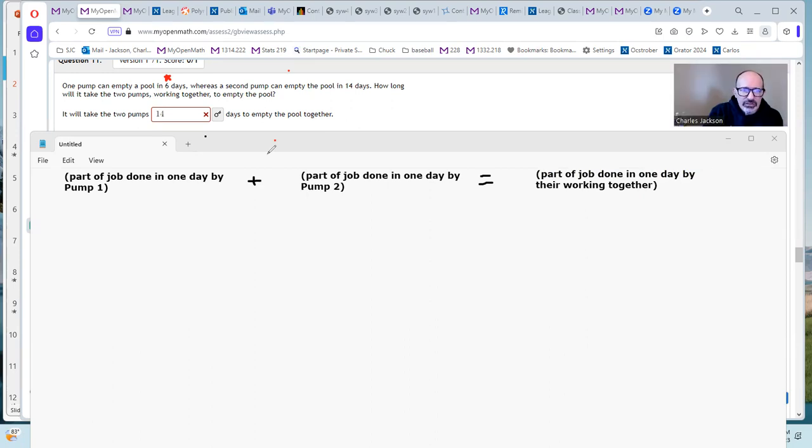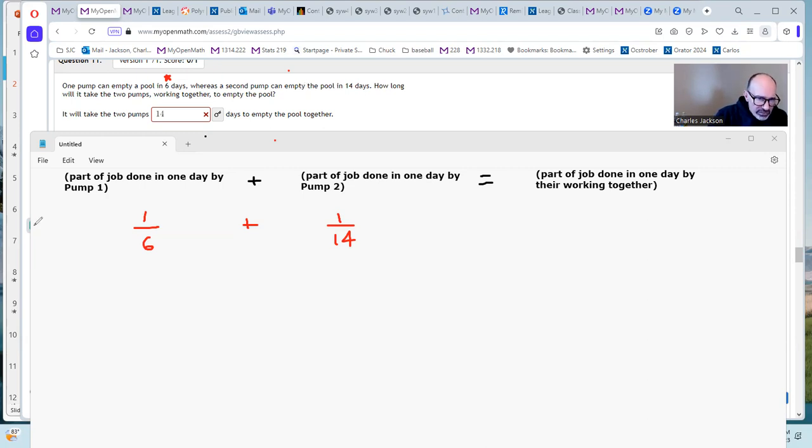Okay. So part of the job done in 1 day by pump one is 1/6. Pump one can do 1/6 of the job in 1 day because it takes pump one 6 days to do the whole job. And pump two in 1 day can do 1/14 of the job. We're going to call X the answer to the question: how long will it take the two pumps working together to empty the pool?